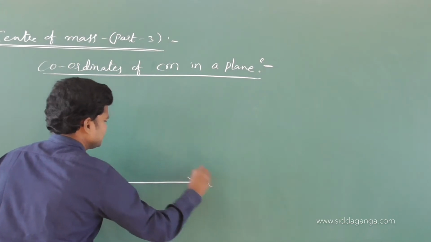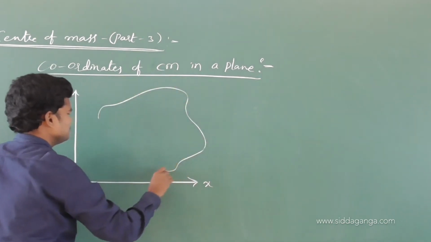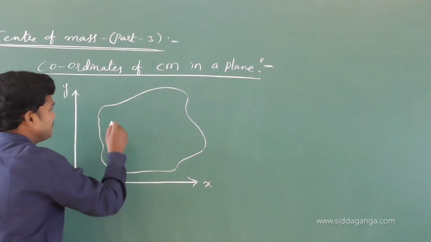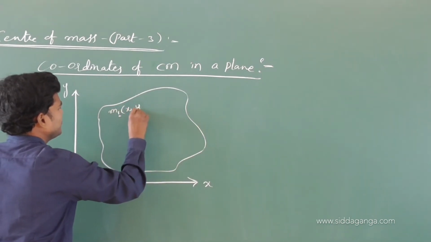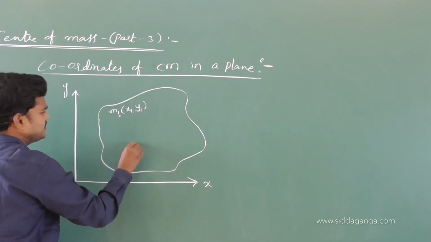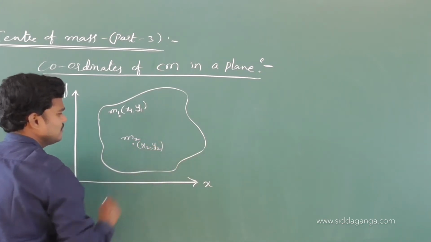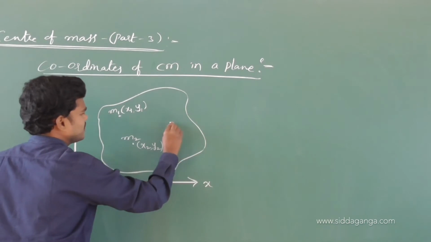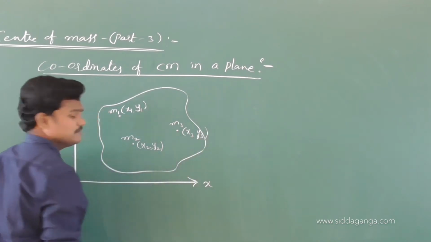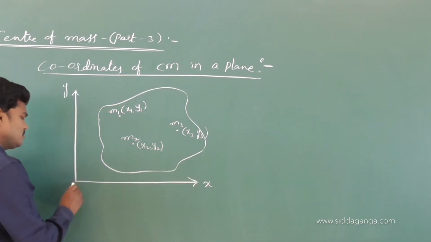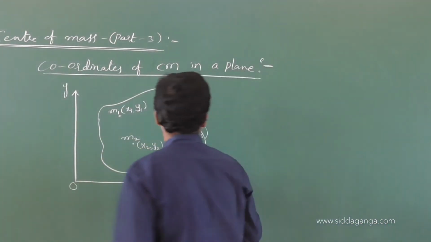This is the x axis and y axis, and this is some rigid body having a particle of mass m1 with coordinates x1, y1, one more particle here of mass m2 with coordinates x2, y2, and another particle m3 with coordinates x3, y3.